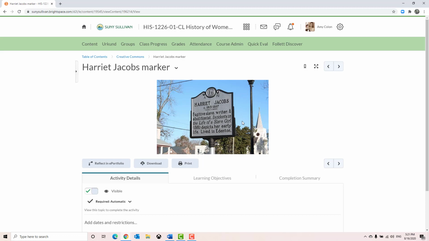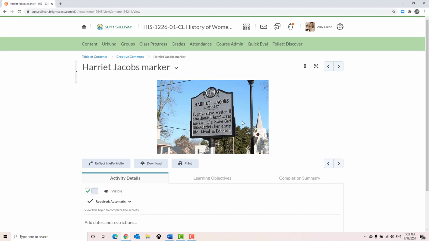And eventually, her boyfriend bought his kids from Dr. Norcom and they became free. And eventually, Harriet Jacobs escapes in 1842 to Pennsylvania, and later she comes to New York, and she joined the anti-slavery movement in the North.